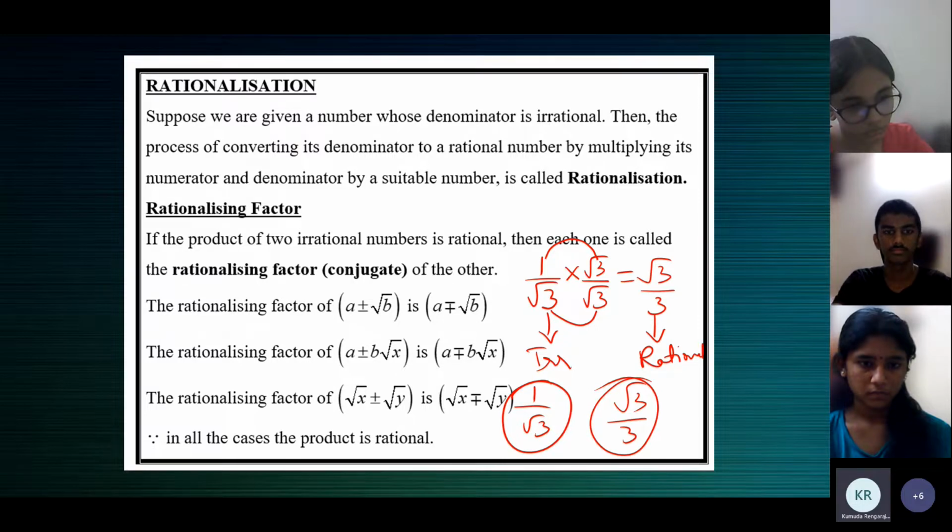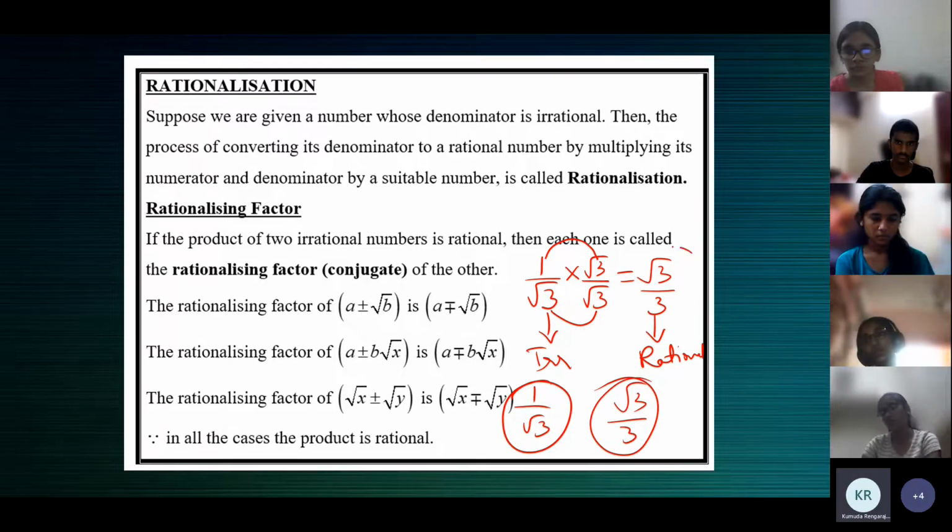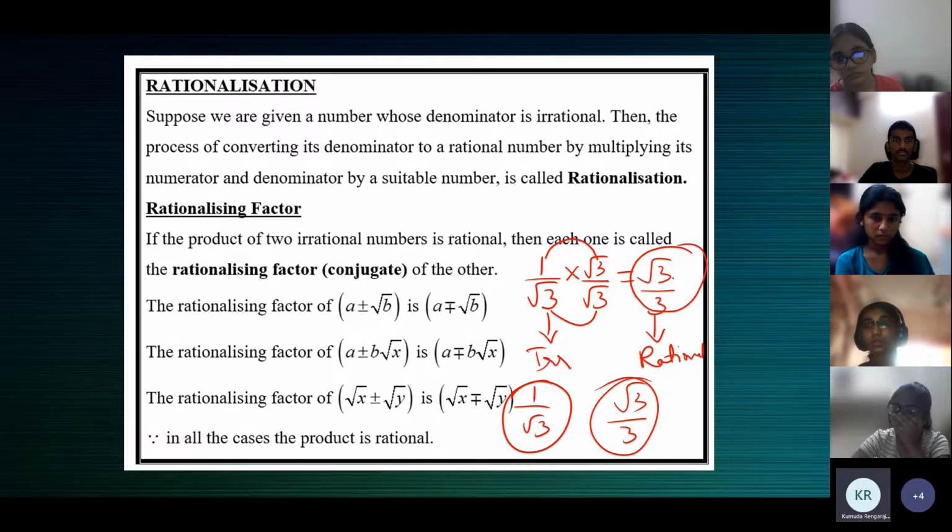That means you're changing its value. How can an irrational value become rational? Only the denominator which was irrational becomes rational, but the expression root 3 by 3 is still irrational. Just that the irrational part has gone to the numerator.